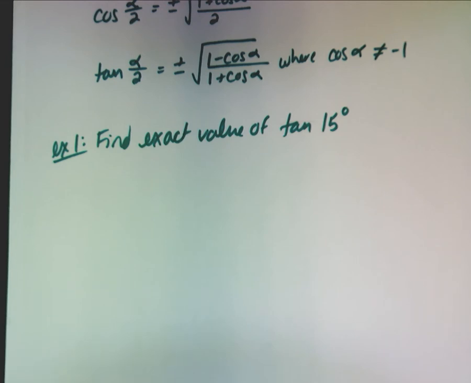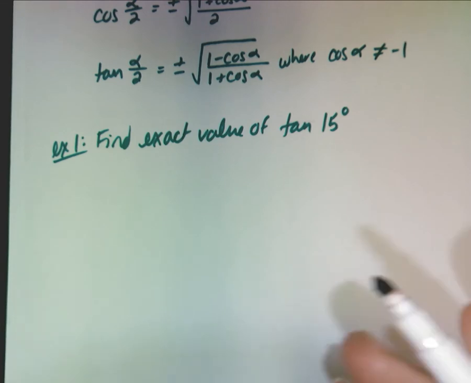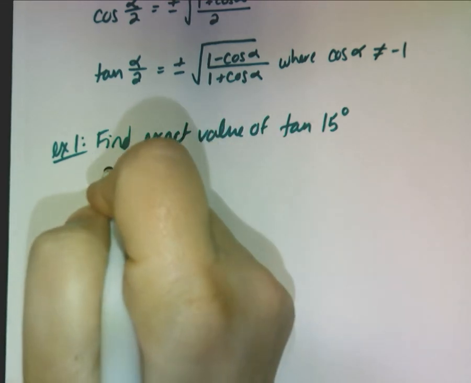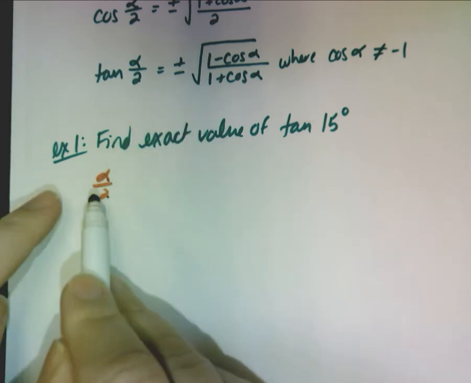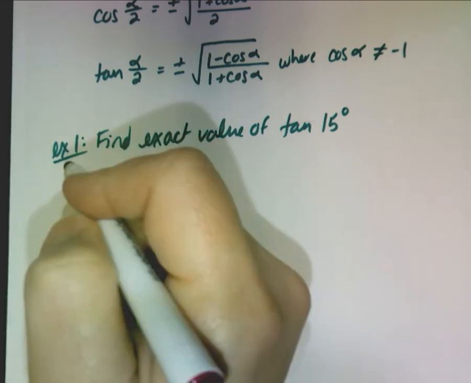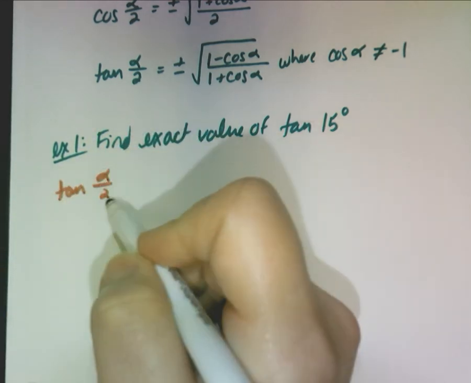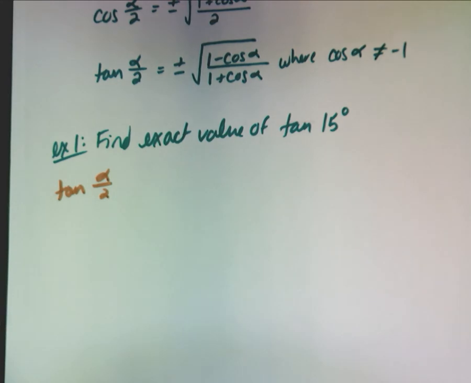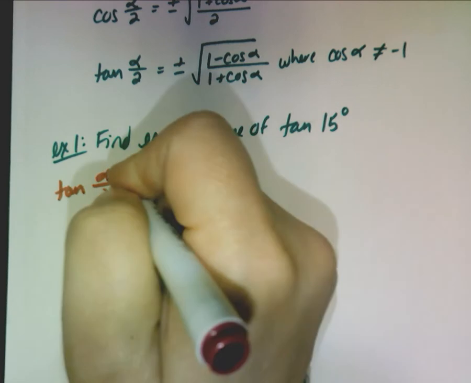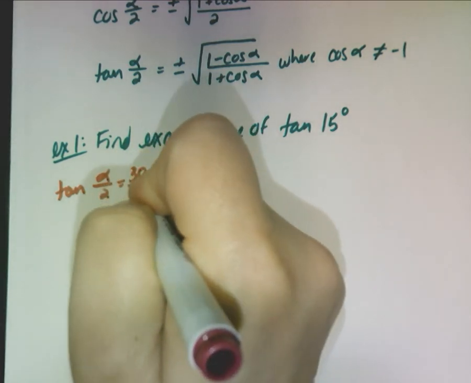Okay, so the first thing I want to do is find out, tan of 15 is what alpha angle could I divide by 2? And again, make that alpha be on the unit circle to get a 15. Well, I know that 30 divided by 2 is 15.